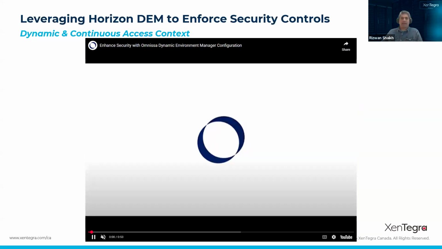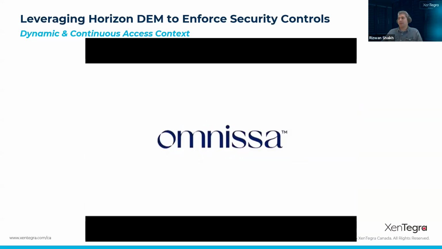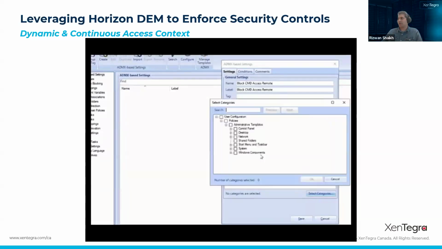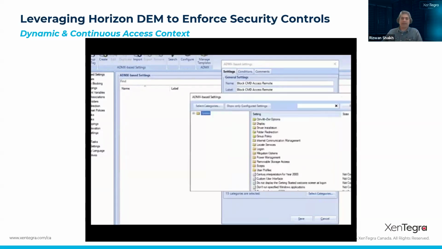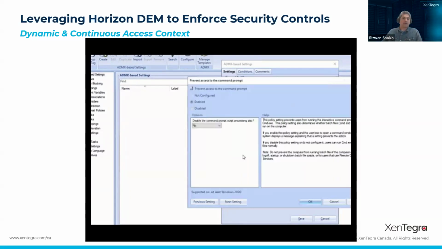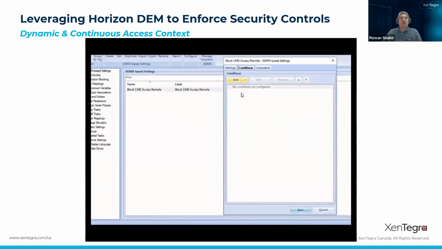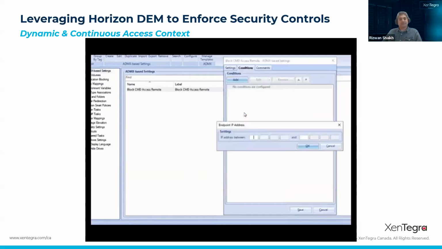Let's say, for example, you want to block access to the command prompt. You can simply configure that on the Dynamic Environment Manager console. With this, the users would not be able to access the command prompt on the virtualization infrastructure.